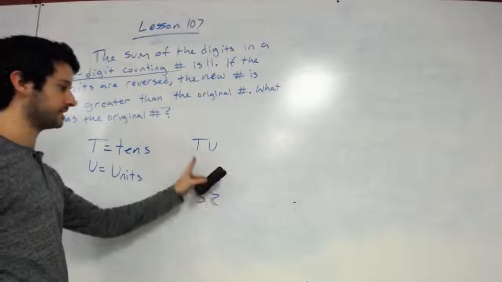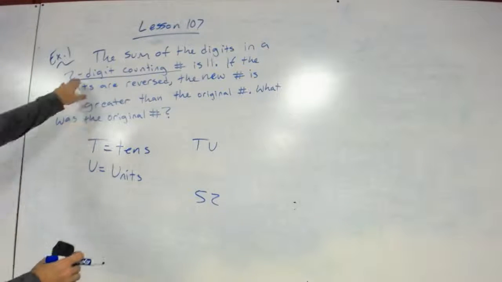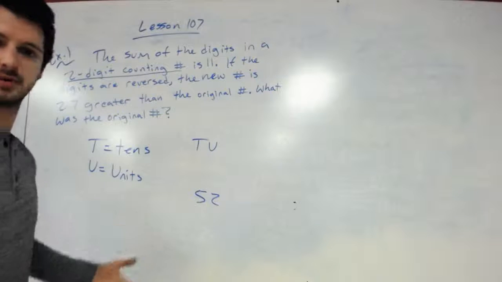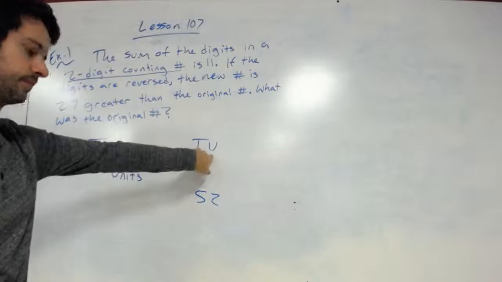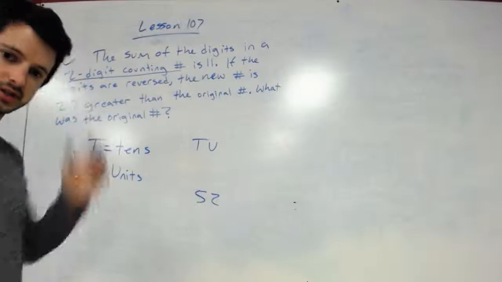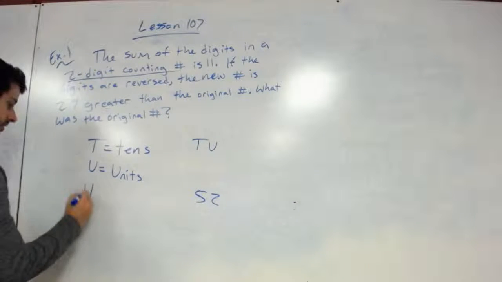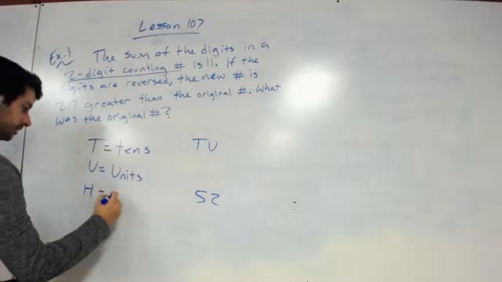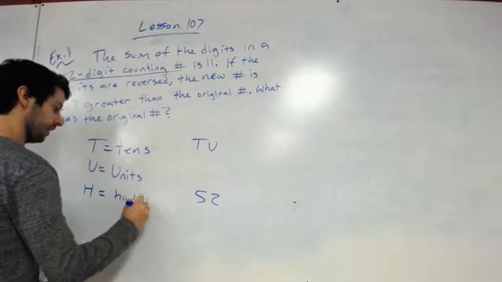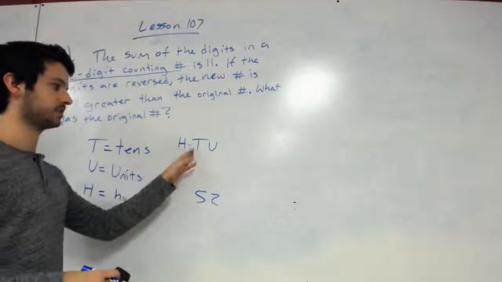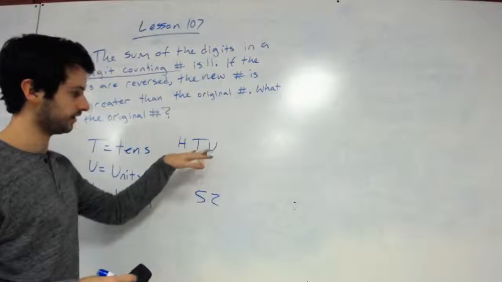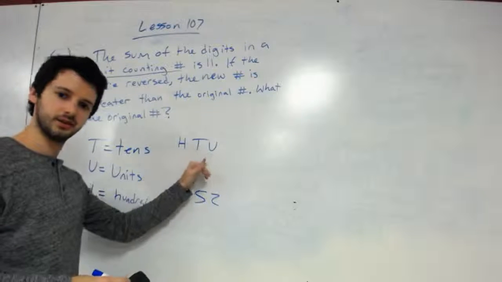We're going to look for the T and the U, but we know that it is a two-digit counting number. Just know that it's two digits. If it was three digits, I would use H for hundreds, and then we would have to find H, T, and U. So we're trying to find the tens place and the units place.